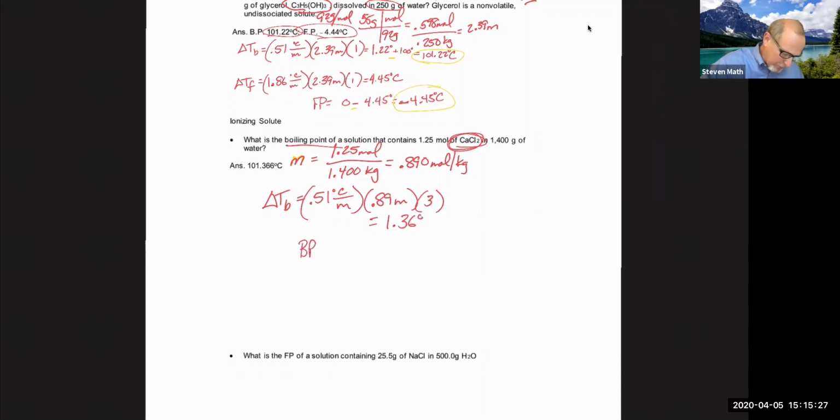And since it's boiling point, it's going to be 100 plus 1.36, 101.36 degrees Celsius. That's how we get that. It's the same as what we've been doing, but we had something that was ionic and it was going to break apart on us.